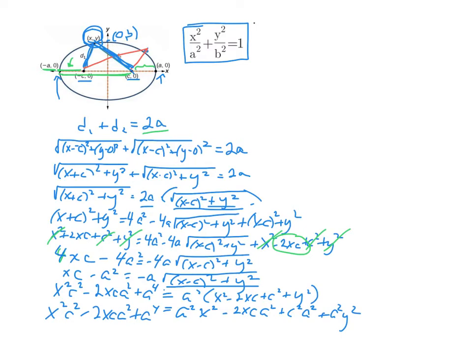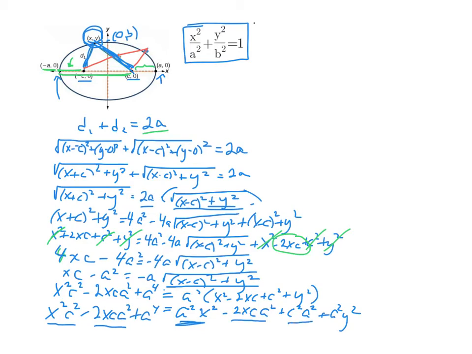Let's see. What we want to do now is I'm going to put my x and y terms on one side, and then I'm going to put everything that doesn't have the x and the y on the other side. So now we're going to move this to the right, and we're going to move this over to the left.